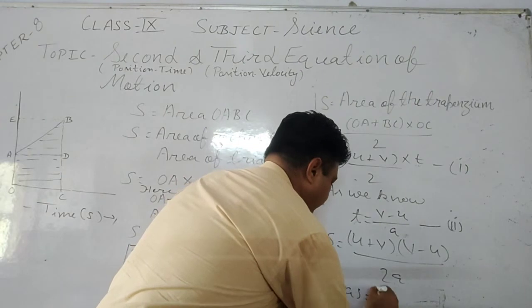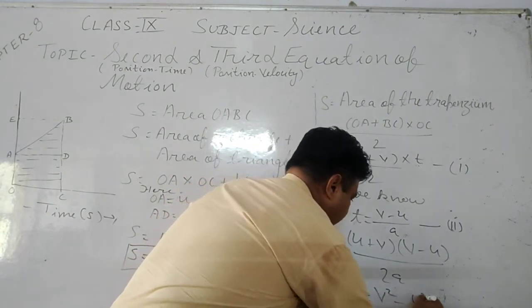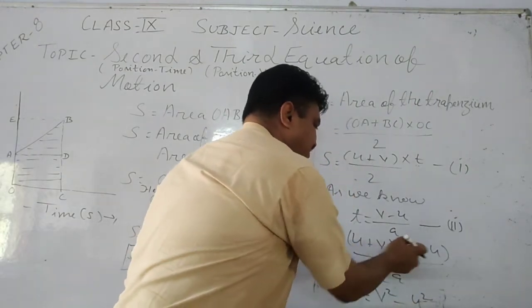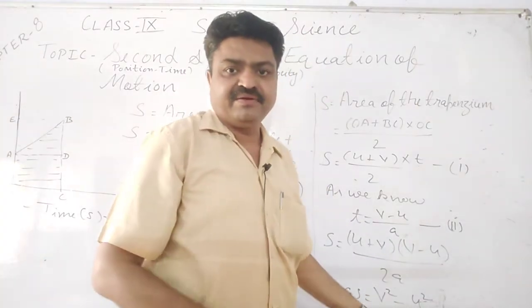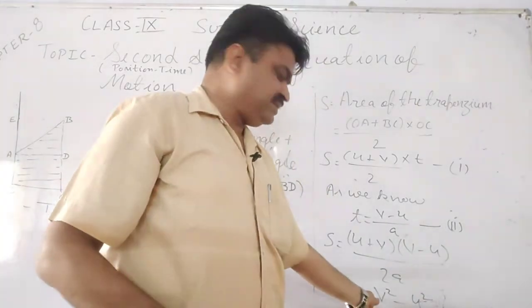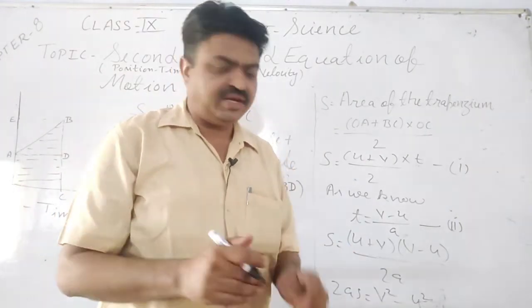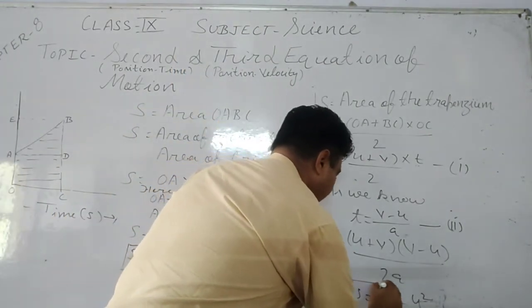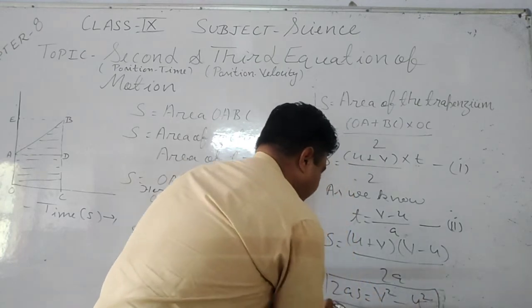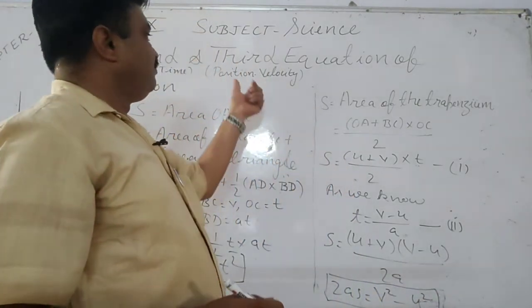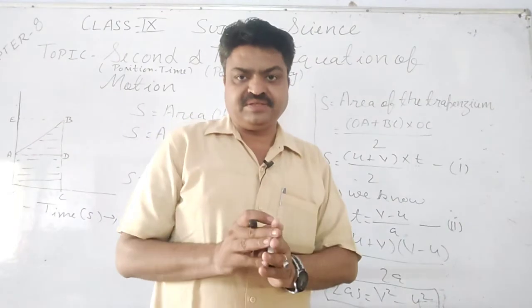When we multiply this, we get 2as is equal to v square minus u square, and it is the third equation of motion that represents the position velocity relation.